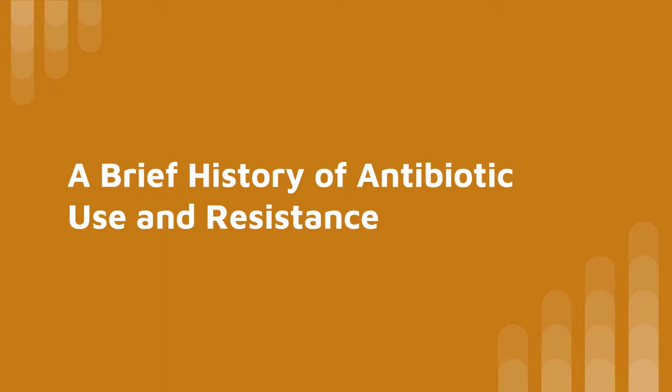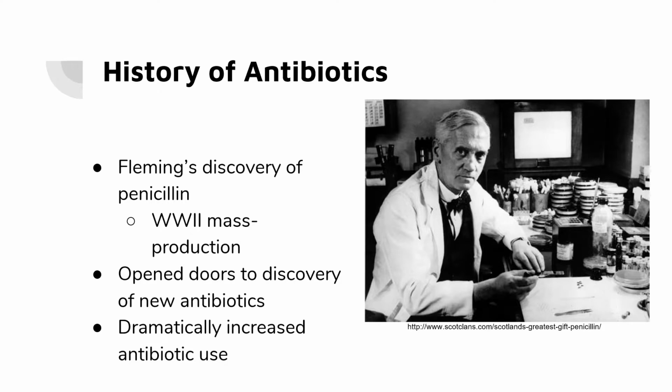Here, we will briefly discuss the history of antibiotic use. Alexander Fleming's discovery of penicillin in 1929, followed by its mass production during World War II in the 1940s, revolutionized the world of antibiotics and opened doors to the discovery of other antibiotic classes throughout the late 20th century.